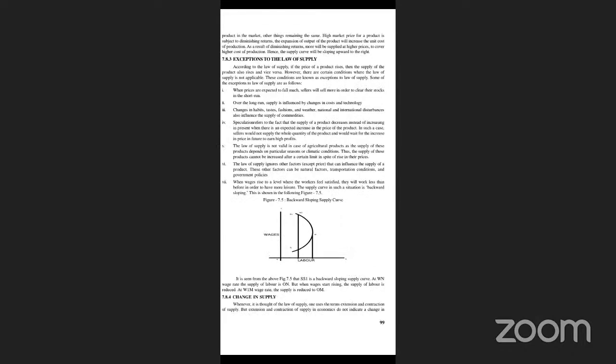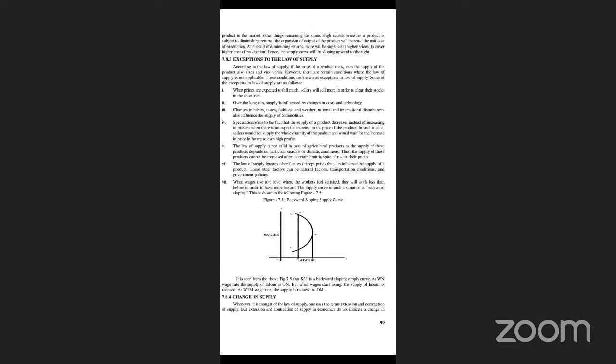Change in habits, tastes, fashions, international influences, all these are considered and influence the supply for a given product in the market. Speculation will have an impact on the product. So if any speculation is happening, there is going to be an impact.